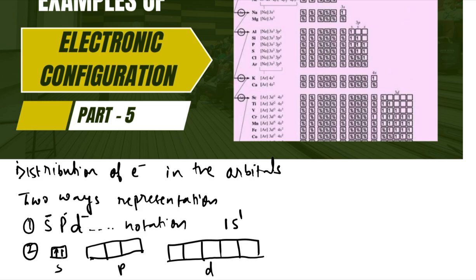With the help of up spin and down spin. In the notation we write the number of electrons as numeric values like 1, 2, 3 and so on. Here we write the electrons in terms of up spin and down spin, like this. Depending upon the electrons available to an atom, we are going to represent their configuration.